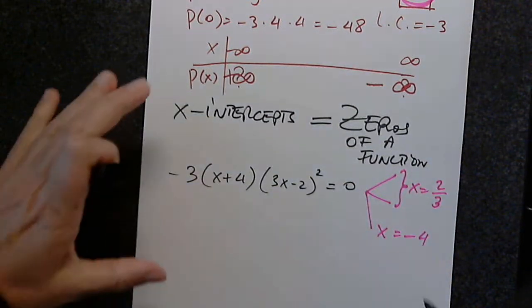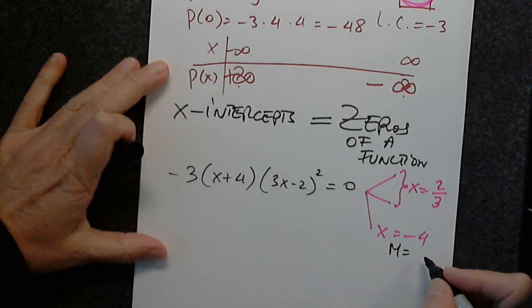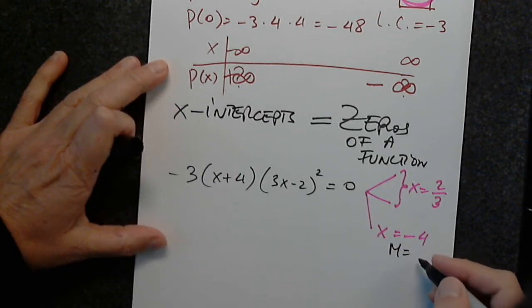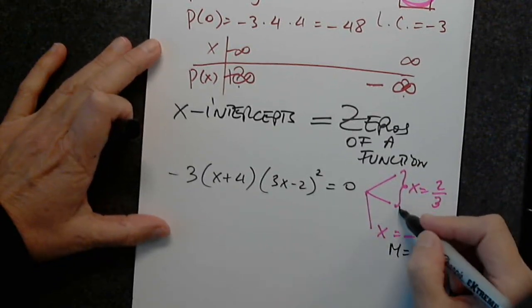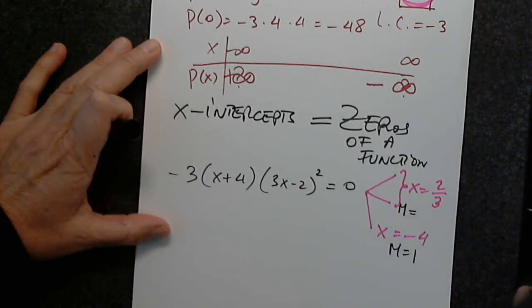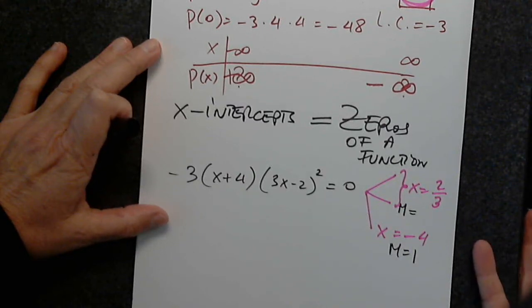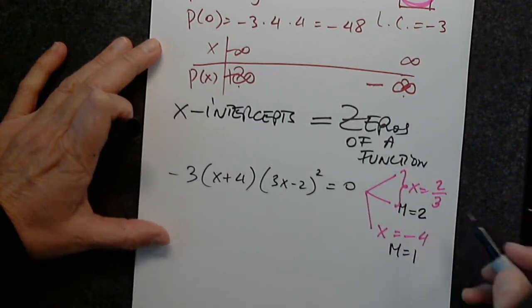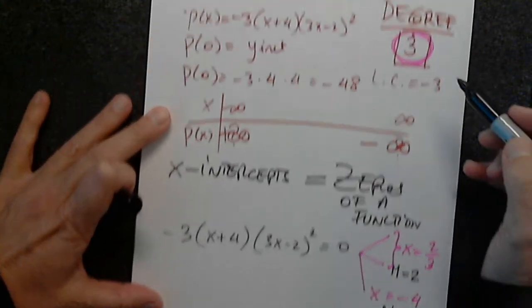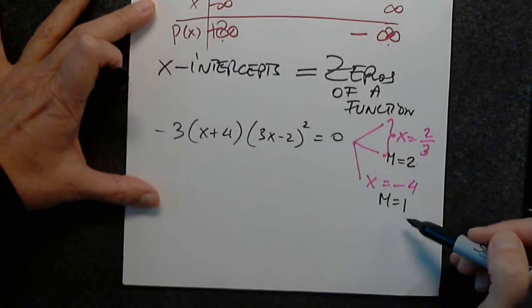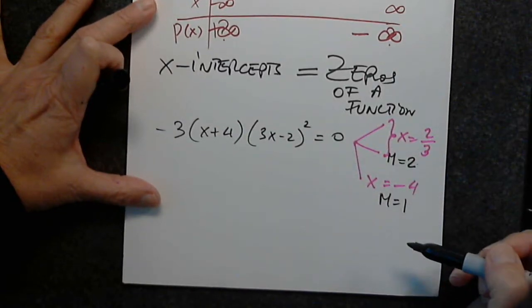What is the multiplicity of x equals negative 4? How many times does it appear? Once. What is the multiplicity of 2/3? In other words, how many times does 2/3 appear? Twice. Remember, the sum of the multiplicities must equal the degree.